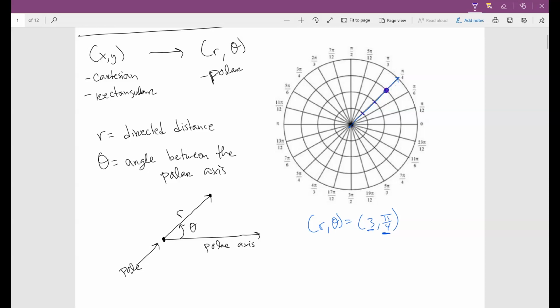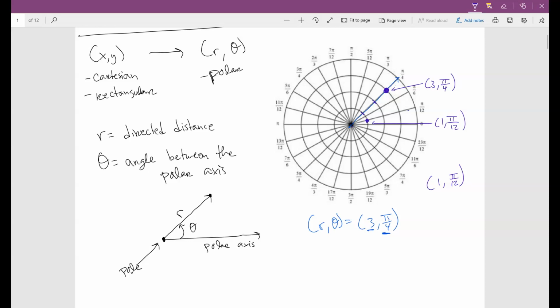This point right here represents 3 comma pi over 4. If I wanted to do 1 comma pi over 12, then I would go in the pi over 12 direction, which is right there, and only go to one circle. This point right here denotes 1 comma pi over 12.